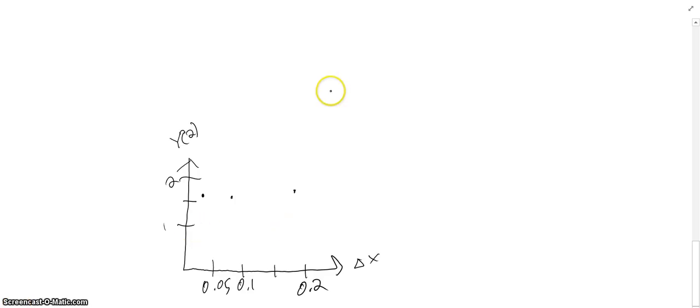Alright, so here's a sketch of that. At 0.05 it's going to be at around 1.7, this is about 1.65, this is about 1.63. I'm sorry, this one is 1.63 and this one is 1.65, right?